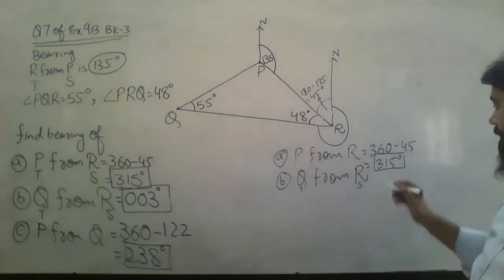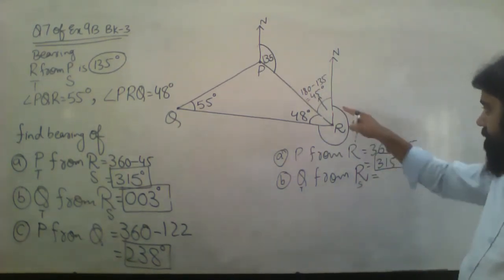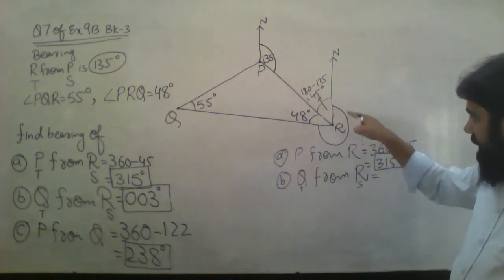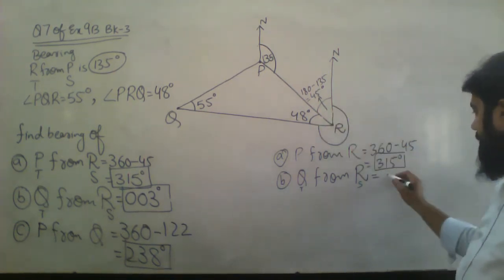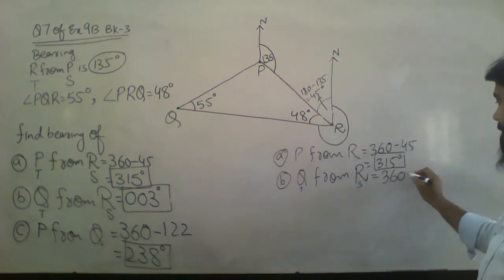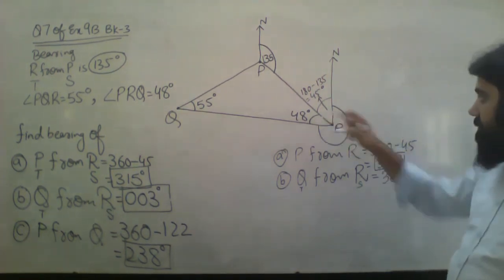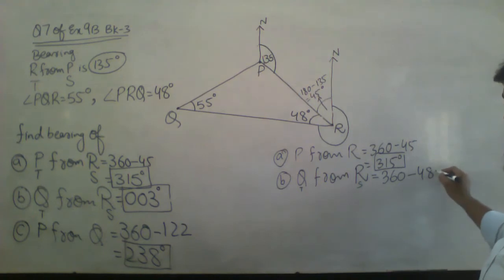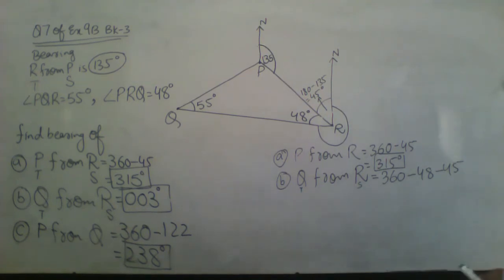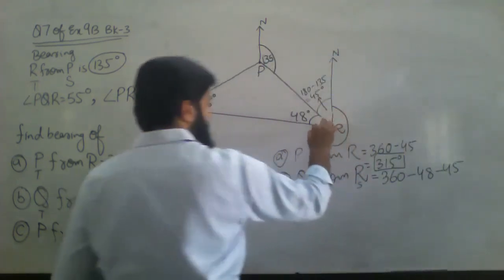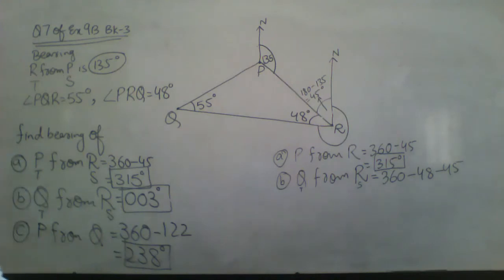In order to find it, starting from here till over here, first of all I am taking the whole circle, that is 360 minus 48 minus 45, because I have to find till this point, not the whole thing.